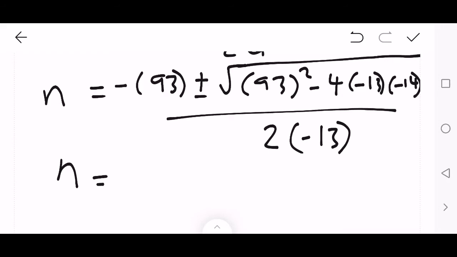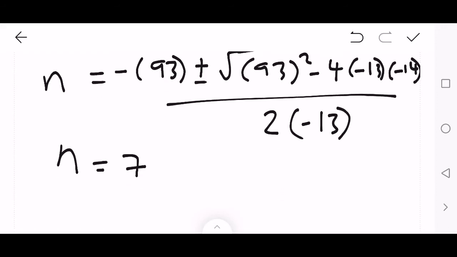So if you put this into a calculator, you'll find out that n will be equal to 7, and that is the nth term in the arithmetic sequence whose sum from the first term to the 7th term, or I can say this, the sum from the first term to the nth term, that value will be equal to the 7th term in the arithmetic sequence.